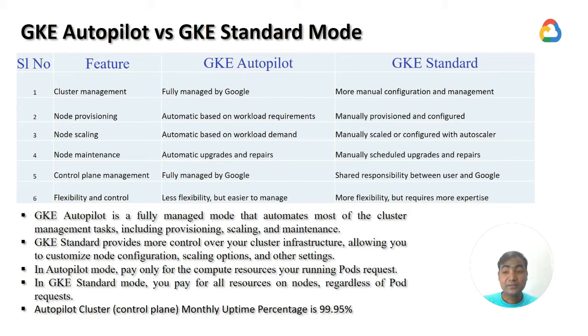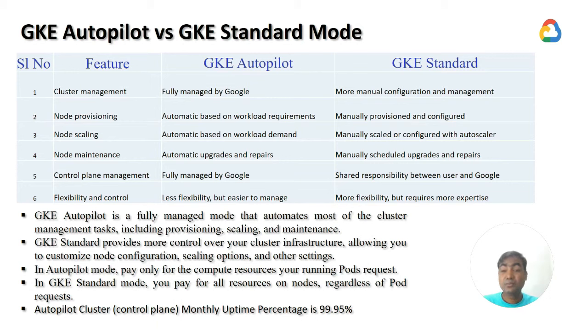Guys, I'll guide you in which scenarios you can select GKE Autopilot mode for your project requirement. Firstly guys, teams that want to focus on developing and deploying applications rather than managing infrastructure. Teams that are new to Kubernetes and do not have a lot of experience with cluster management.